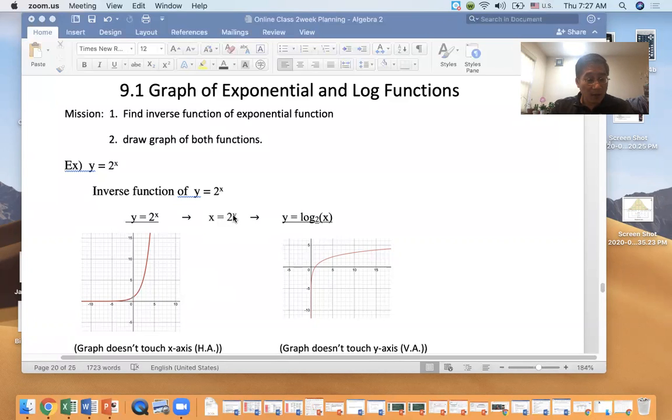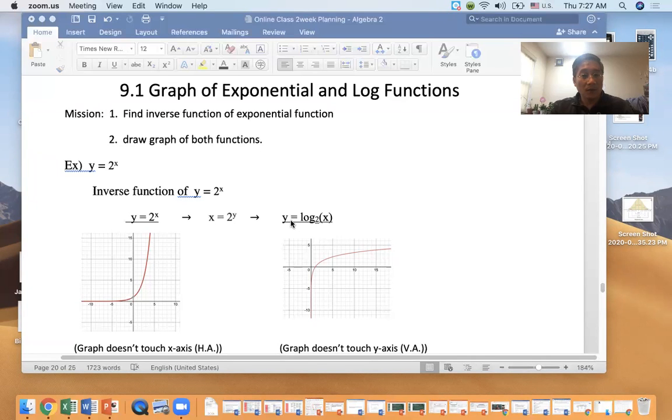But now y is in the power. So how do we change this one into the standard form? You should put the y down from the power. So when you put the power down, we use log function.